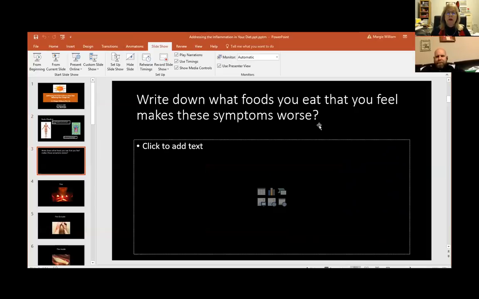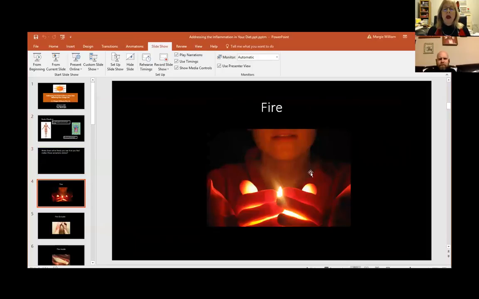They find that perhaps when they eat a lot of dairy products, it makes their mucus secretion worse. I know myself, when I eat foods that are full of gluten, I get just some inflammation kind of feelings in my intestine. But the whole thing is, inflammation is really fire within, and it's not a good fire.